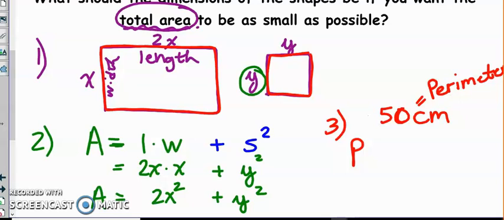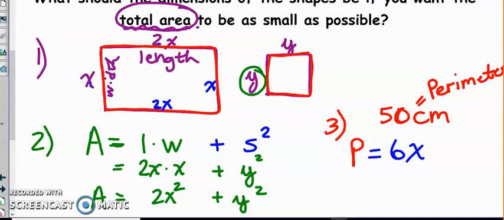If we look at the perimeter of each one of these, we know this is 2x for this side, and this is x for this side, because it's a rectangle, so the opposite sides are equal to each other. If we add them up to find the perimeter of the rectangle, we have x plus 2x is 3x, plus 2x is 5x, plus x is 6x. Or you can say 2x plus 2x is 4x, then 5x, 6x.